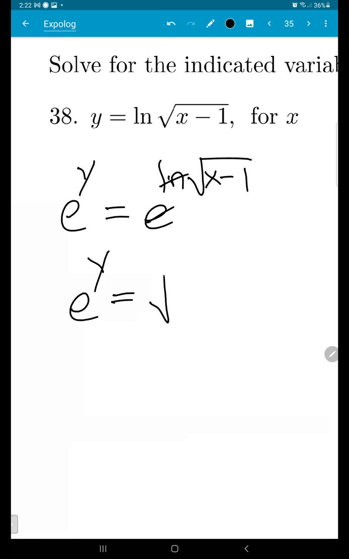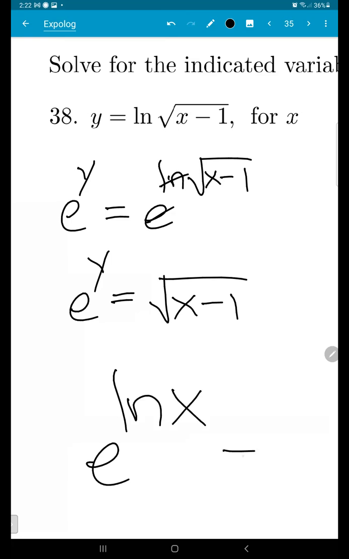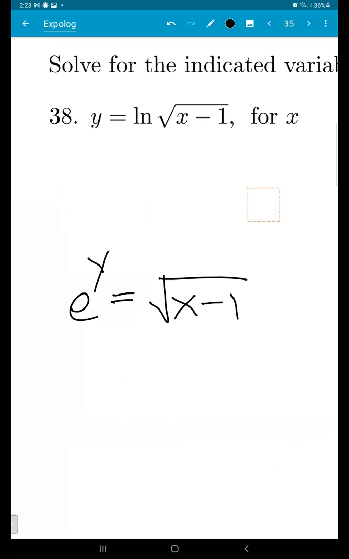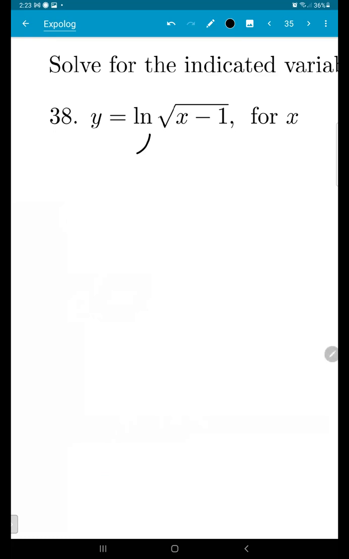So we go back to the input, square root of x minus 1. Remember again, e to the ln x is x. This is logarithm base e. This is exponential base e. So they undo each other. Whatever the input is, that will also be the output of their composition. Okay, or again, one more time, e to the y equals square root of x minus 1.